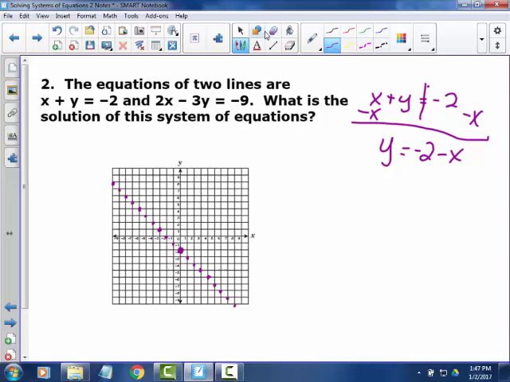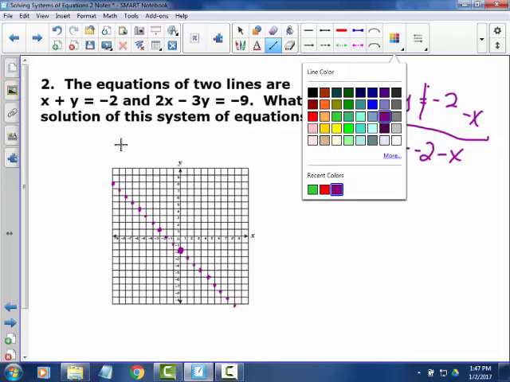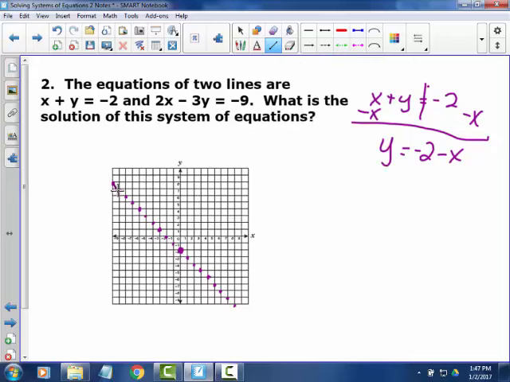Okay, and then we draw our line through the points. And there's our first line. Okay, so now we do the same process for the second equation.